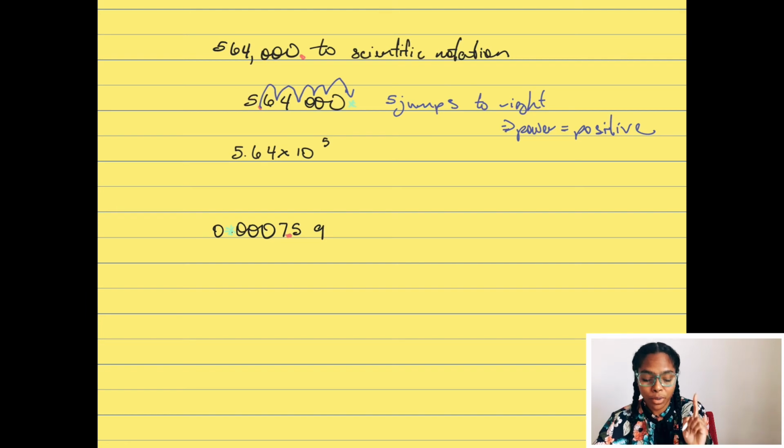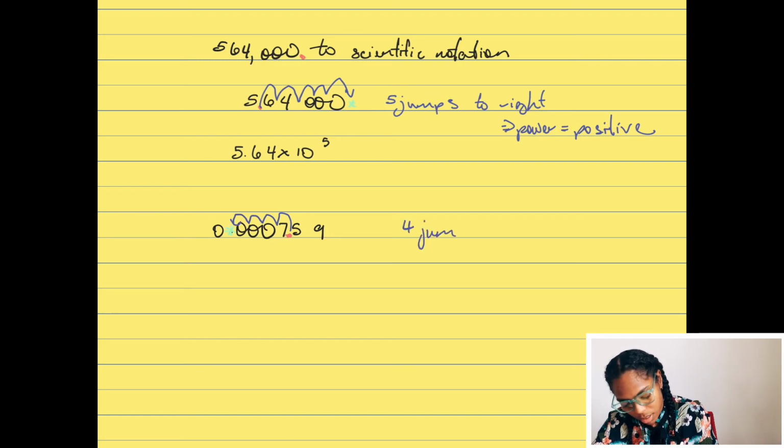In order to get the power, we have to count the jumps from the new point to the original point. So we're moving 1, 2, 3, 4. So we have 4 jumps. And this time the 4 jumps move to the left. So we have to the left, which means that our power will be negative.